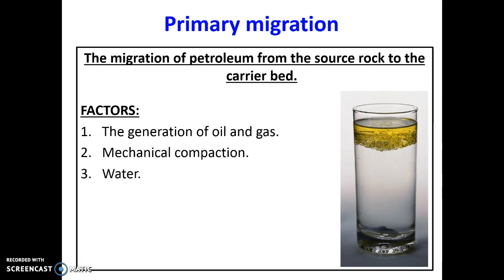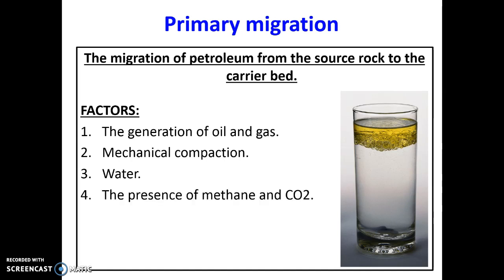Water can also help to facilitate primary migration of the oil by increasing the oil wettability of a shale within a bitumen network. So it will cause the mix of oil-water wettability. So oil will move along with the water only if that water occupies about 20% or more of the pore volume.